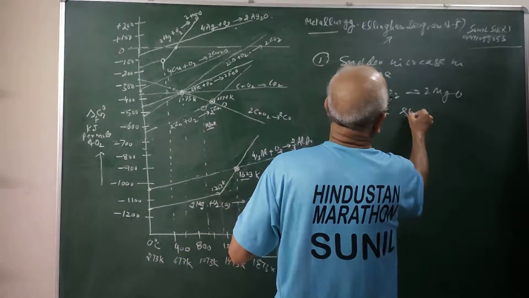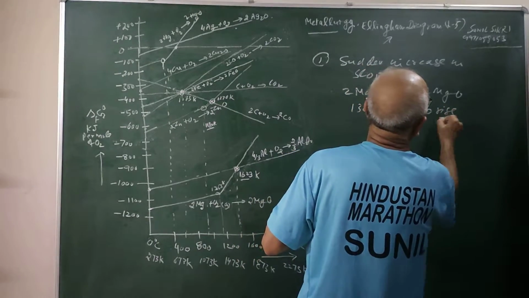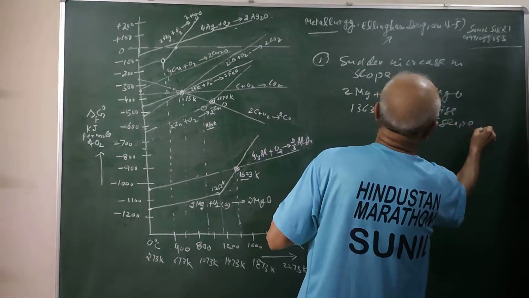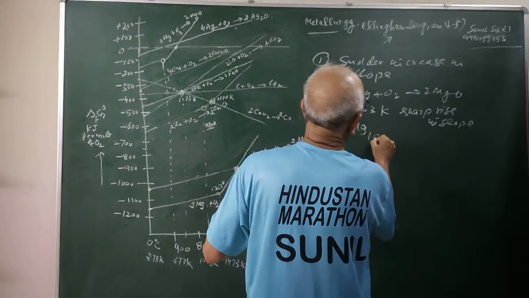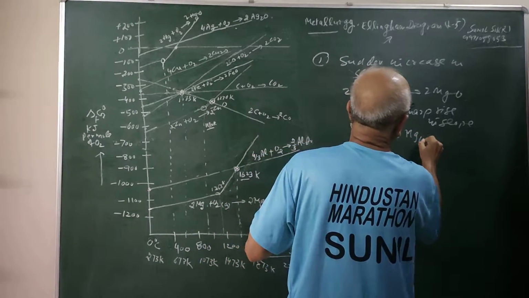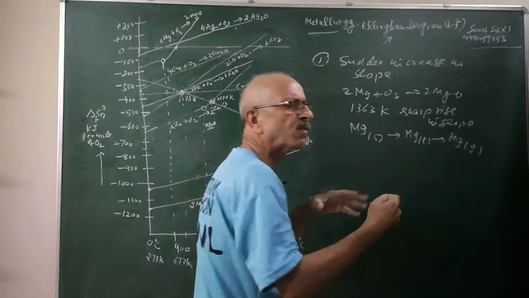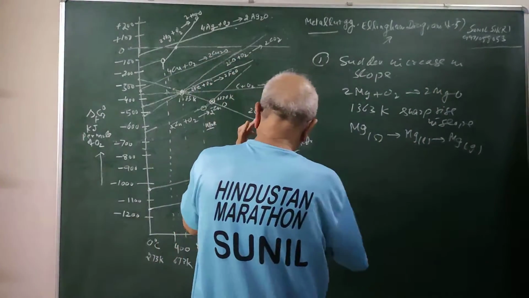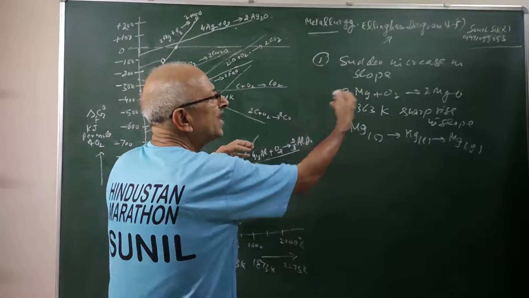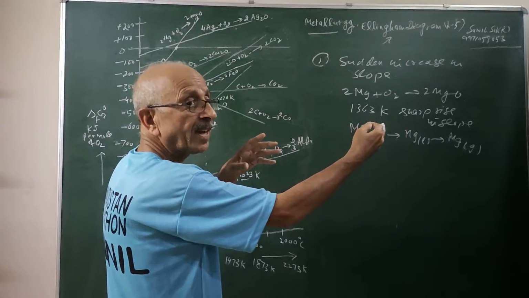There is a sharp rise in the slope. So what has happened? Magnesium can change its state from solid to liquid, liquid to gas. These metals change their state. Either they are melting or they are going from liquid to the vapor or gas state.